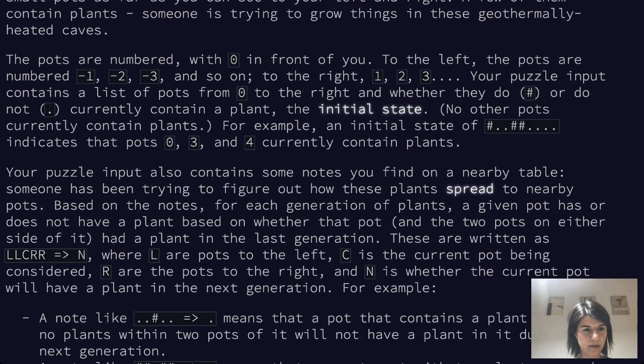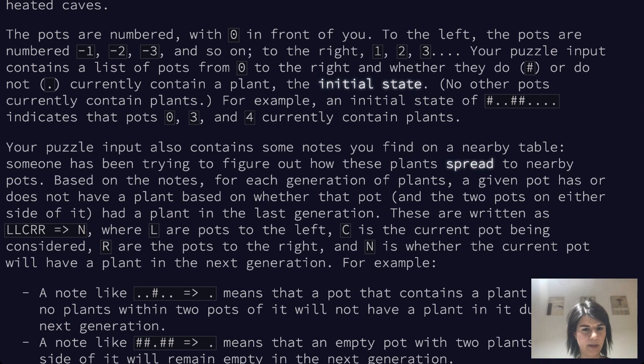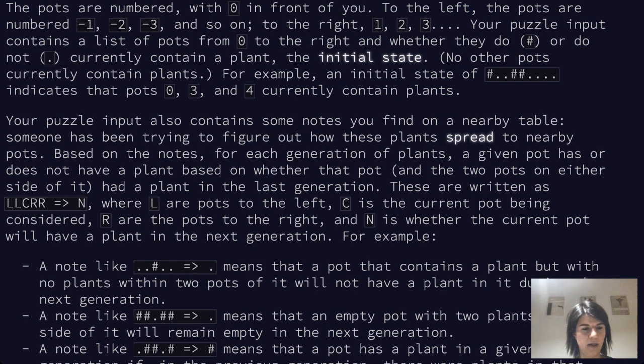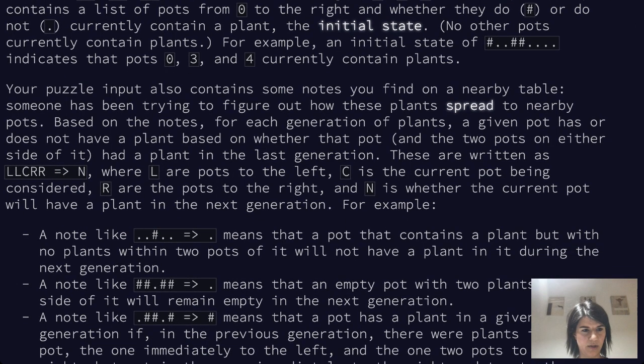Your puzzle input also contains some notes you find on a nearby table. Someone has been trying to figure out how these plants spread to nearby pods. Oh, plants are spreading. Based on the notes, for each generation of plants, a given pod has or does not have a plant based on whether that pod and 2 plants on each side of it had a plant in the last generation.